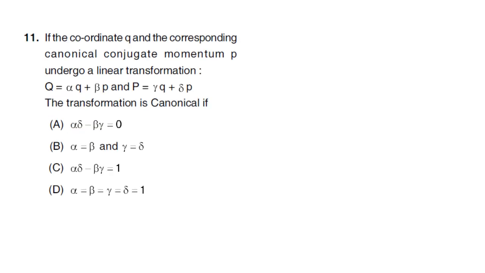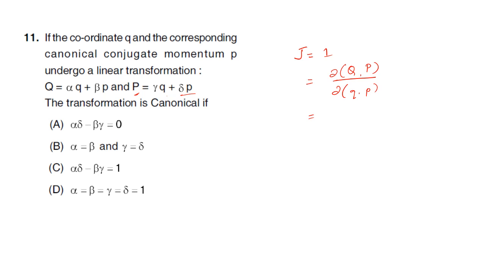If the coordinate q and the corresponding canonical conjugate momentum p undergo a linear transformation, capital Q is equal to alpha q plus beta p and capital P is equal to gamma q plus delta p. The transformation is said to be canonical if its Jacobian is equal to 1. Here the Jacobian is given by dou QP divided by dou old coordinates qp.